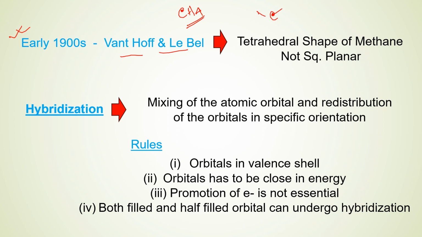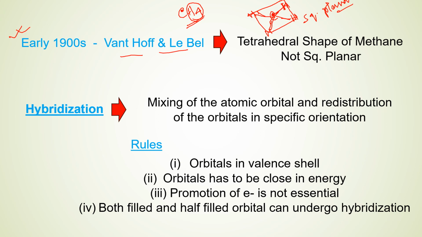Methane may have a square planar geometry, because it is easy to think that a compound with four bonds to carbon, methane, which has four hydrogens attached to it, may have a square planar geometry, or the shape may be tetrahedral.